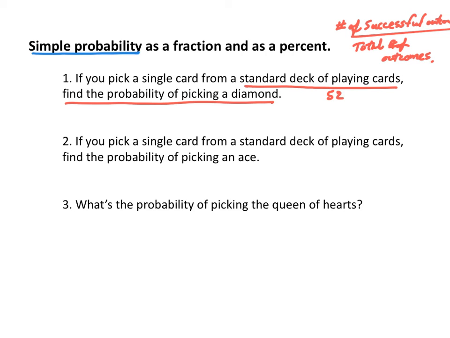So there's 13 diamonds out of a total of 52 cards. If you reduce that fraction down, that would be 1/4. And 1/4, if you divide that, is 0.25. And as a percent is 25%. So pretty simple as long as you know a little bit about probability to turn that fraction into a percent.